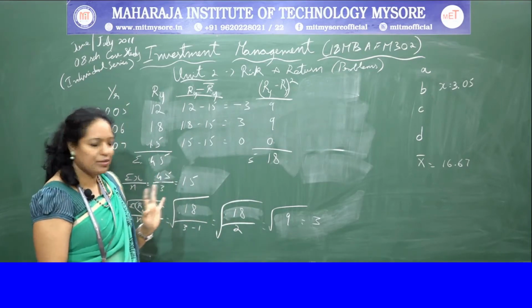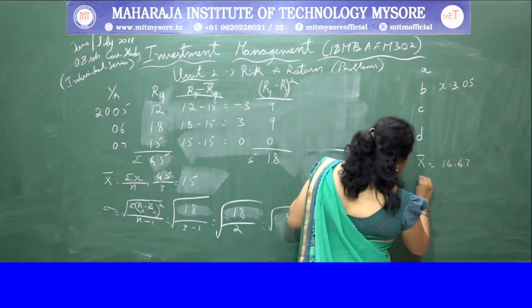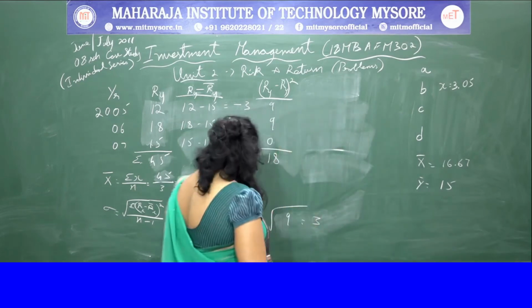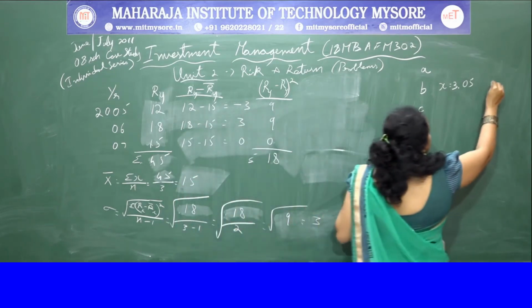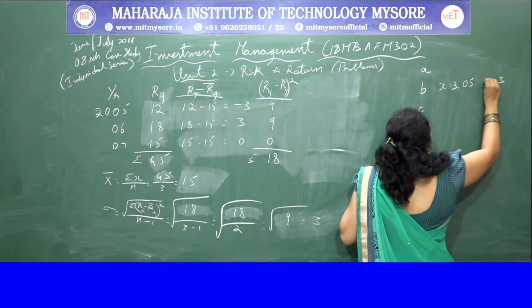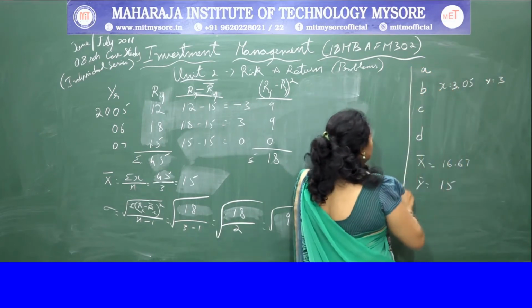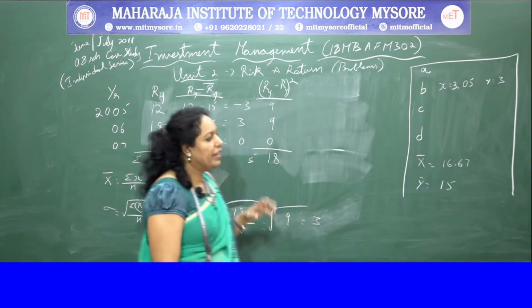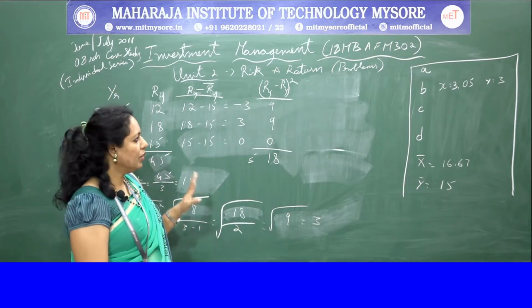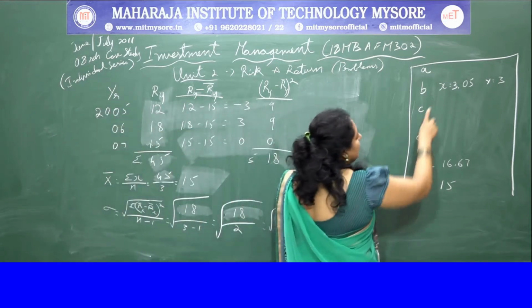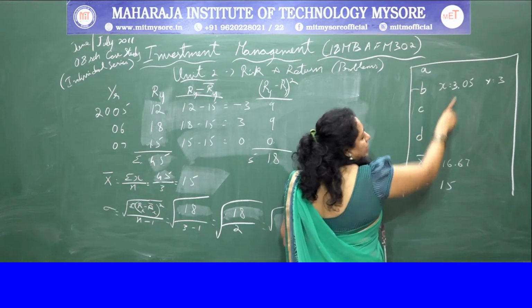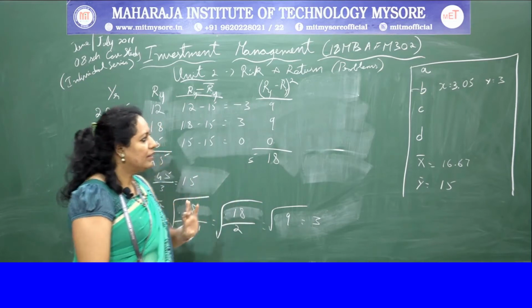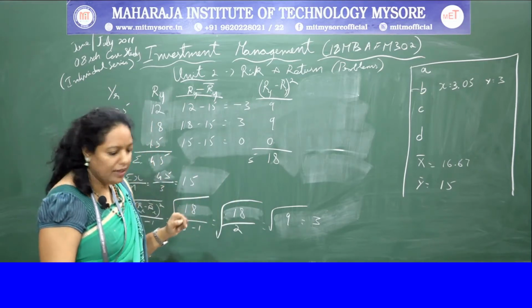So this information also we will write. First, y bar is 15, and the standard deviation of y is 3. So standard deviation of x is 3.05 and standard deviation of y is 3. So that completes your first part.